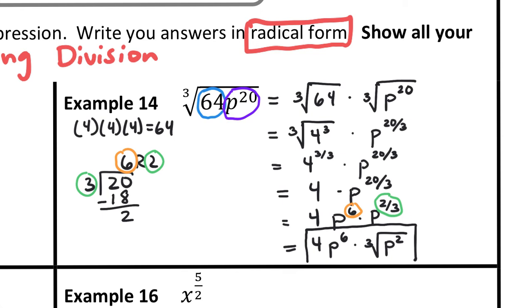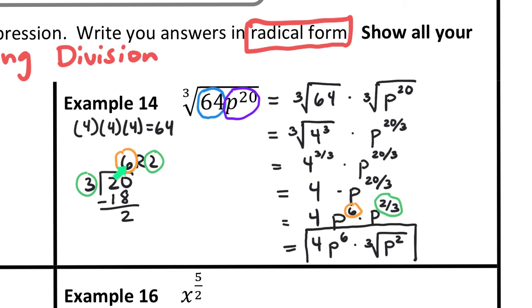And again, we're going to keep practicing this, and after a couple, we're going to get the hang of it. For now, keep track of what we're doing. We're dividing 20 by 3, getting a whole number and a remainder. Actually, I think this is called a dividend, and then we get a quotient and a remainder.